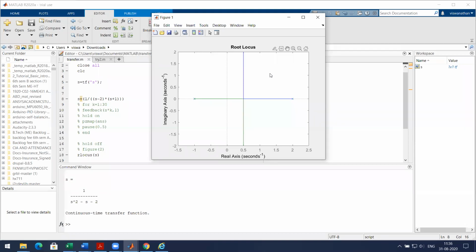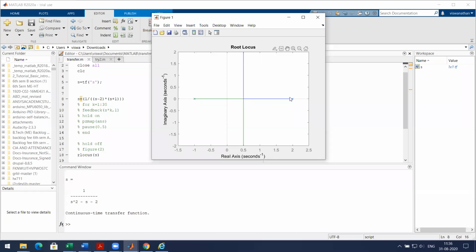Any idea? Sir, it's already to the right side of the 0. It is unstable. So it will be permanently unstable.